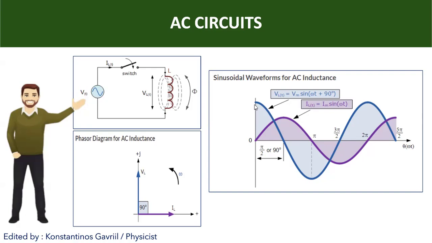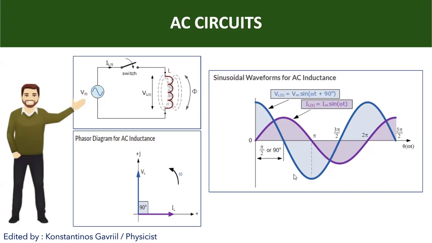You see here when the voltage across the inductor is maximum, the current is 0, and so on. This can be represented by this phasor diagram, where IL is on the horizontal axis and VL is in the vertical direction.